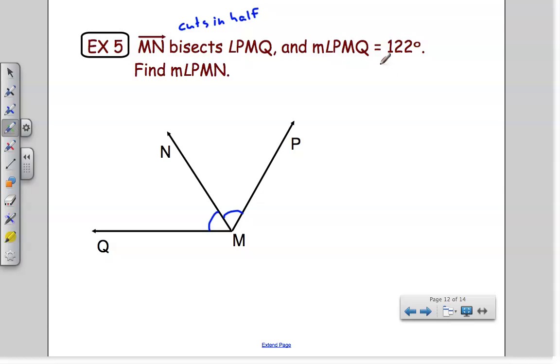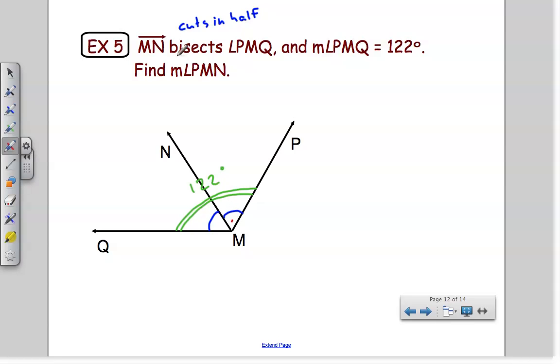Let's see. And the measure of angle PMQ is 122 degrees. Now angle PMQ is the entire thing, so I'll do 2 arcs since I already did 1. And that's 122 degrees. If that's true, I want to find the measure of angle PMN. PMN is just this angle here.